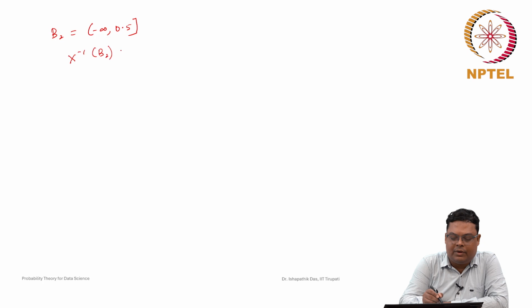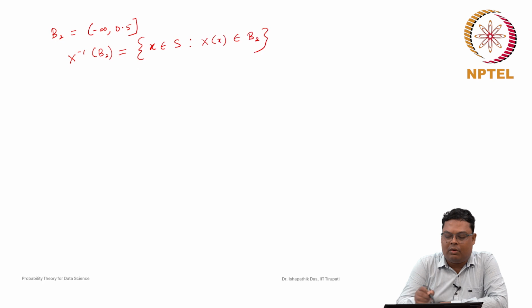X inverse of B2 is nothing but all x belonging to S such that X of x belongs to B2. B2 means this set, so X of x is greater than minus infinity and less than or equal to 0.5.